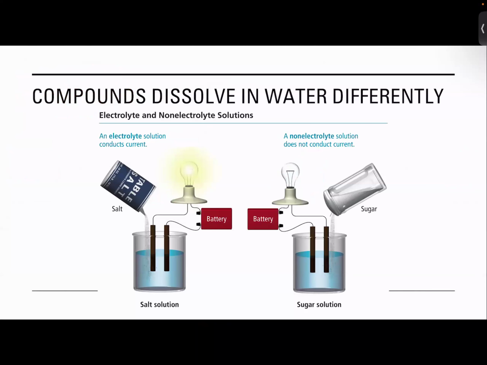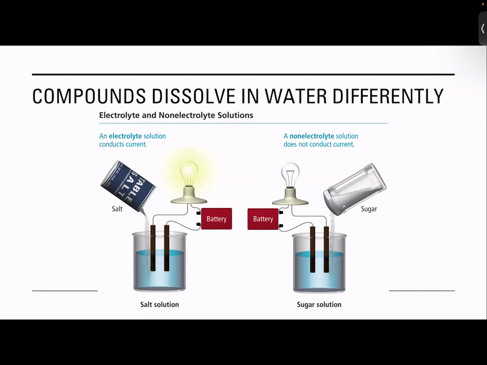Now, once these solutions form, solutions can be described as an electrolyte or a non-electrolyte. The term electrolyte basically indicates whether a solution will conduct electricity. An electrolyte is a solution that conducts electricity, whereas a non-electrolyte is going to be the result of a solution that does not conduct electricity.